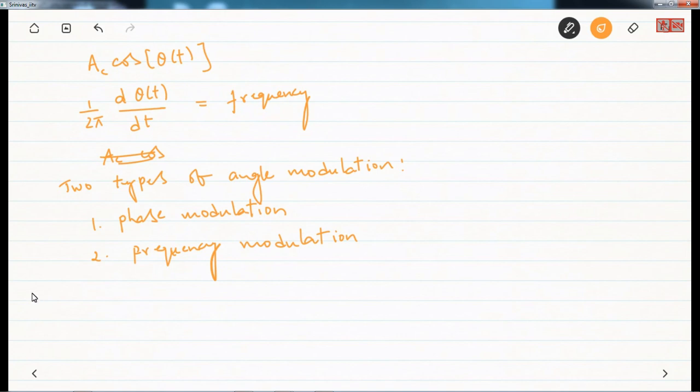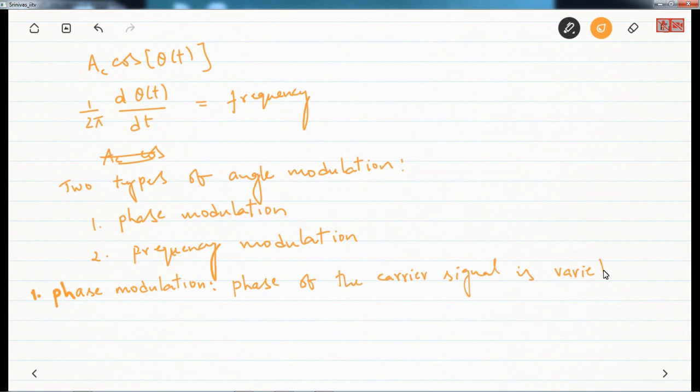So in phase modulation, the phase of the carrier signal is varied with m of t.